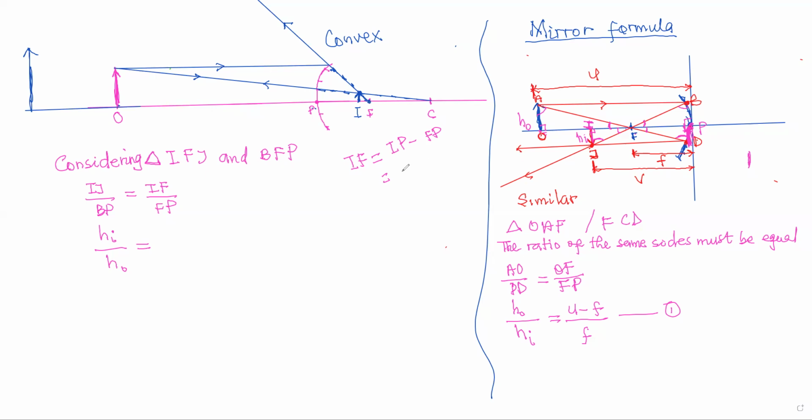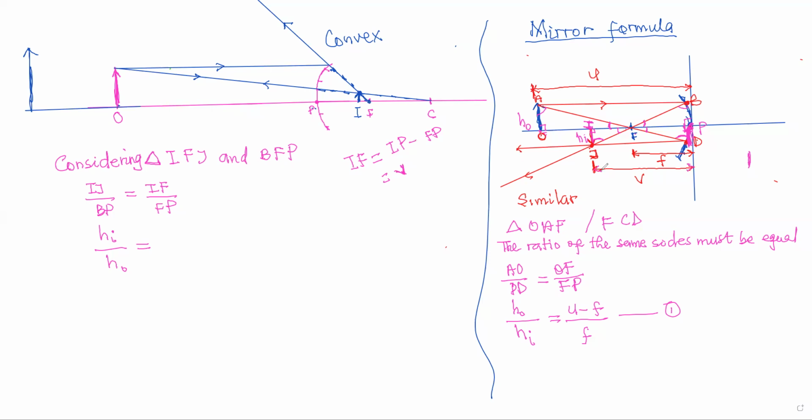What you are saying is very true. What is IP? IP is the image distance V, isn't it? Look at the image distance. So IP is the image distance V.